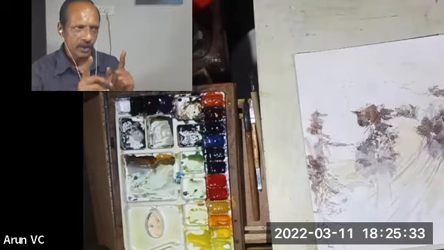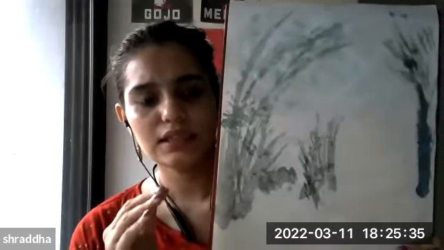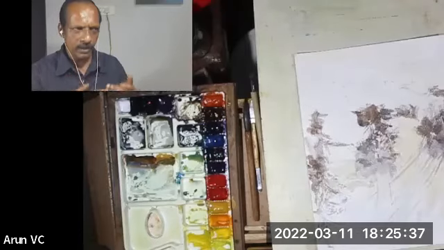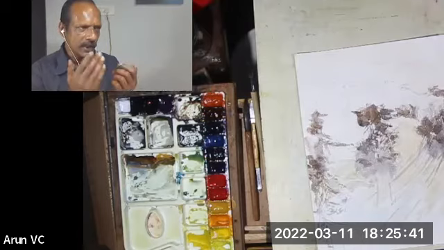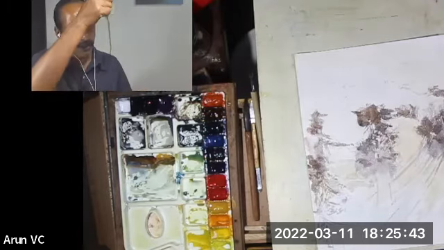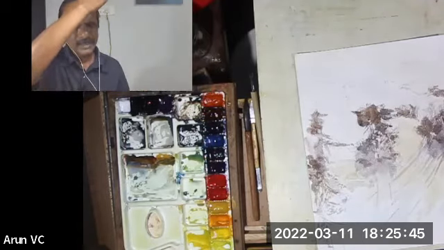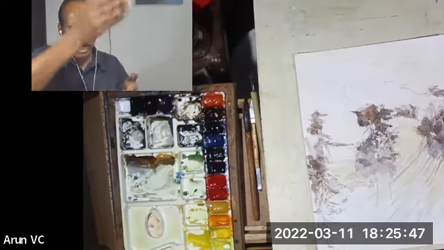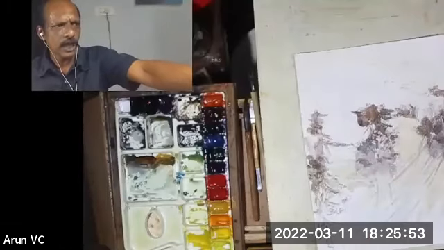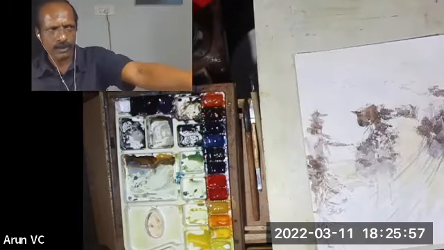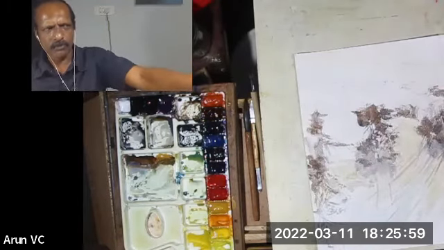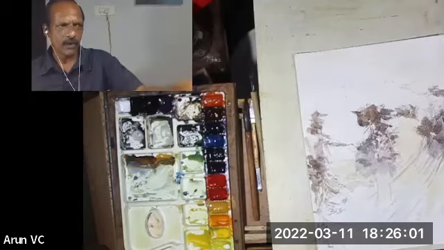That means when you place two colors together, if there is a lot of contrast, you will get very straight, very sharp lines. If you could subdue those sharp lines to some extent, it will look very watercolorish.